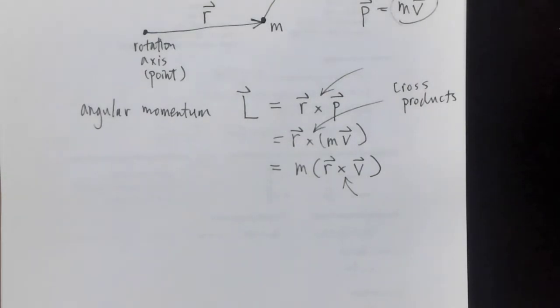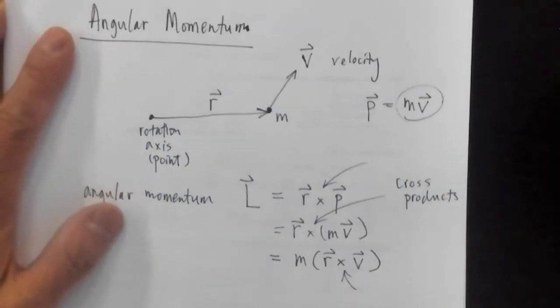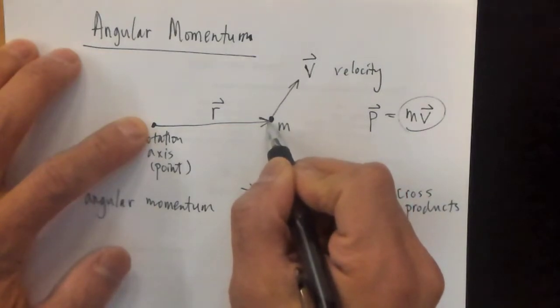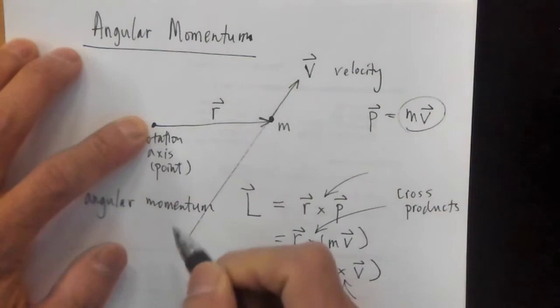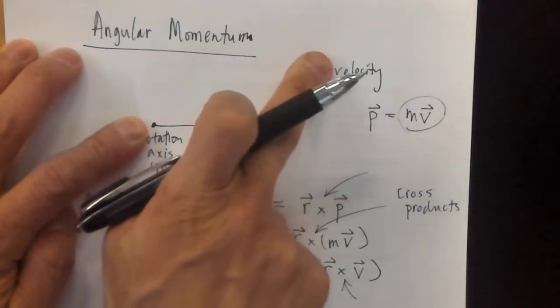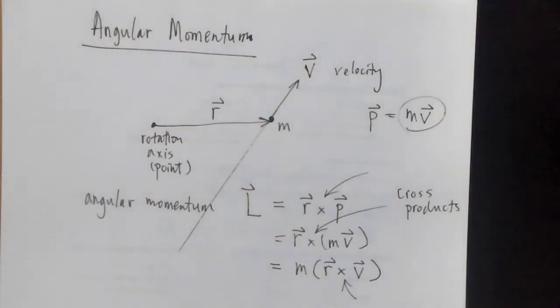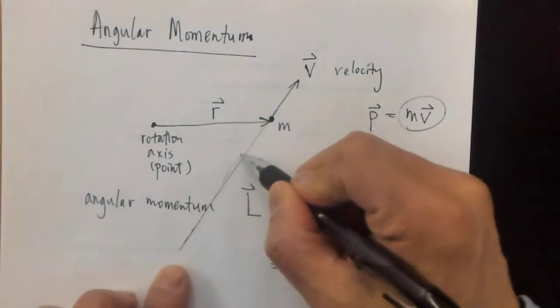That's a great question. If you have this particle and it's just going in a straight line like this, this is actually a good example. Remember we talked about r perpendicular? In order to calculate the cross product, you draw a line through the vector.